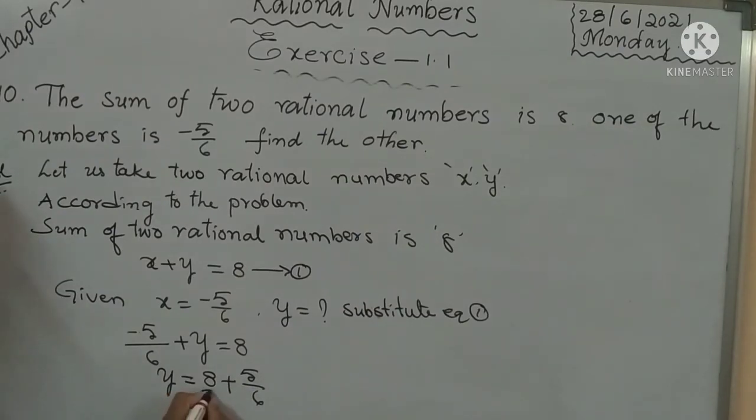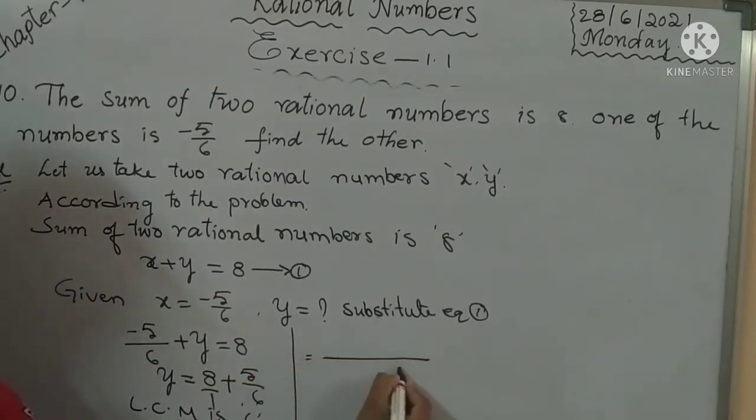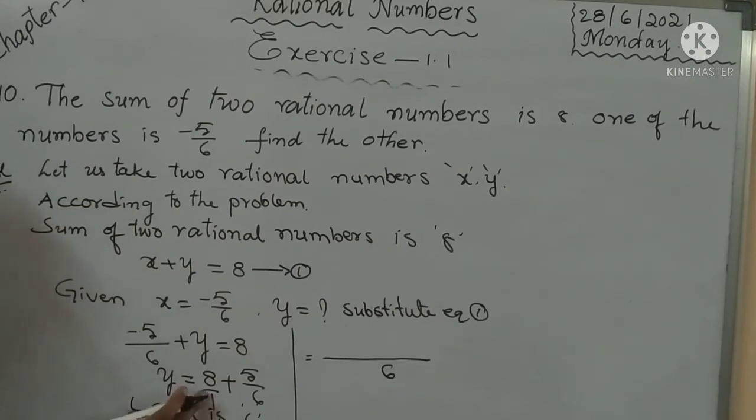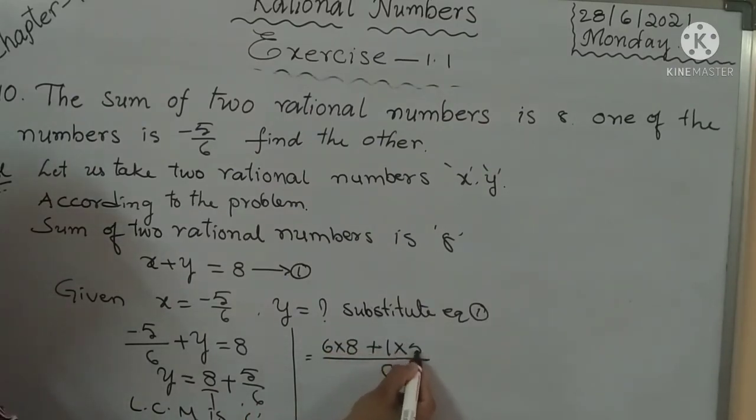Here there is no denominator for 8, then we have to take 1. What is the LCM here? LCM is 6. So 6, 1 how many times possible? 6 times. 6 into 8 plus 6, 1 time possible, 1 into 5.